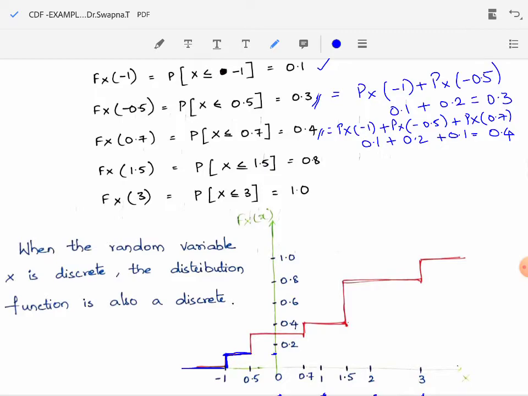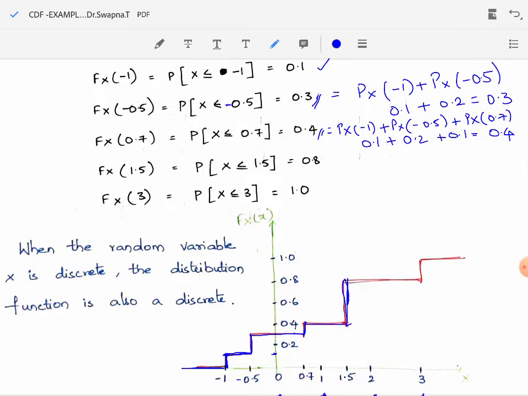So again it makes a transition to 0.3, and stays till the next value of the random variable, which is at 0.7. So at 0.7 again it makes a transition to 0.4. And it will be at 0.4 until 1.5. And at 1.5 it makes a transition to 0.8.